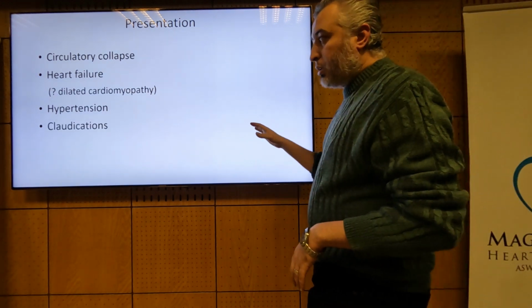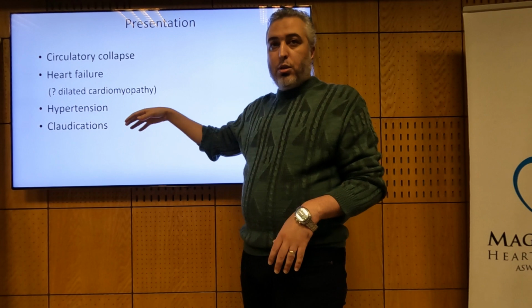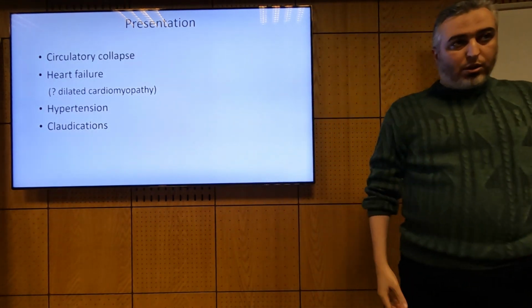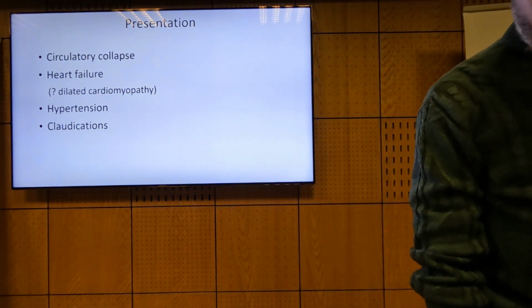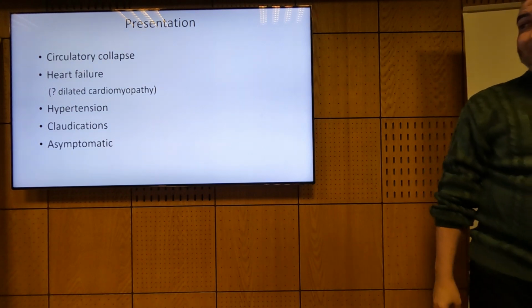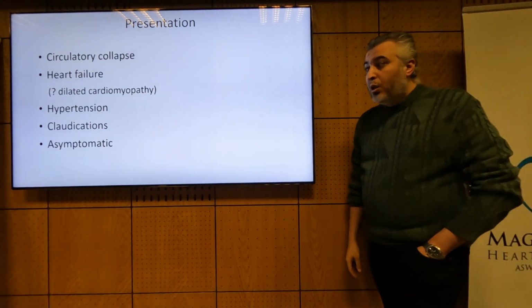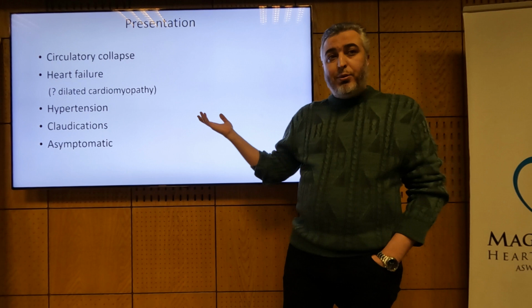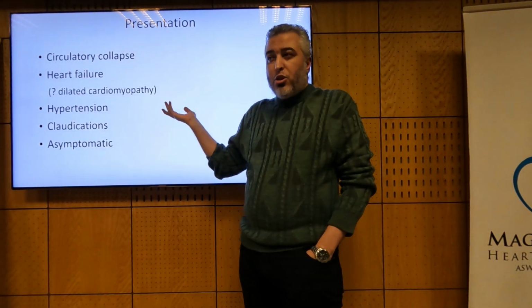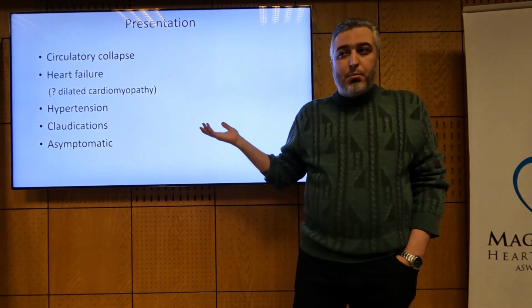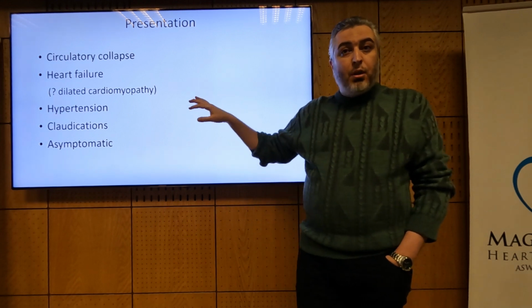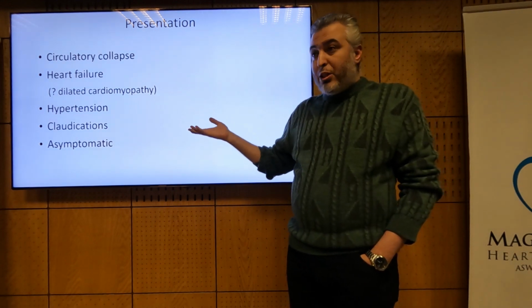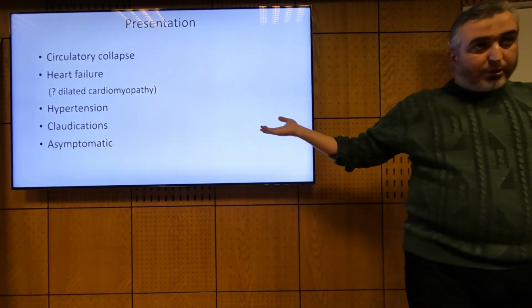Others, again during adulthood, can present with claudication because of insufficient blood flow into the lower body. On the other hand, some patients might get enough collateral flow to be almost totally asymptomatic. They are just diagnosed because someone heard a murmur, or on routine measurement of blood pressure they were found to be hypertensive.